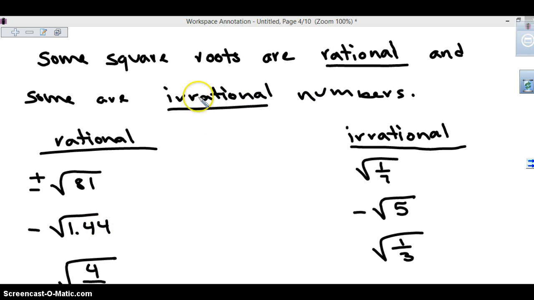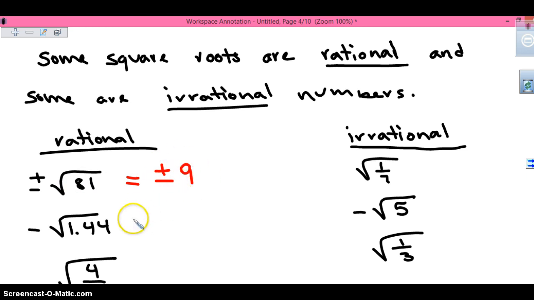An irrational number is a number that cannot be written as a fraction. It's a number that does not repeat and does not terminate. So if we look at the positive or negative square root of 81, what would that equal? Positive or negative 9. See how 9 is a rational number.